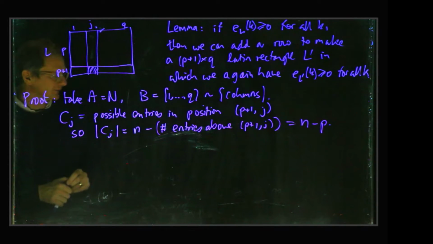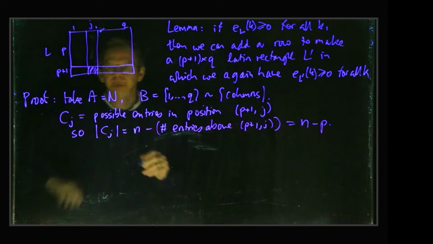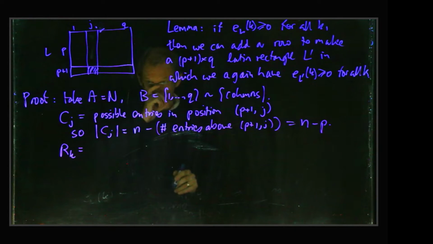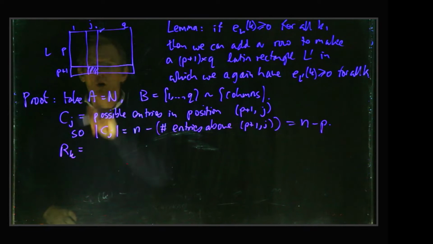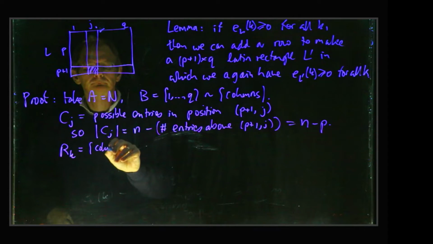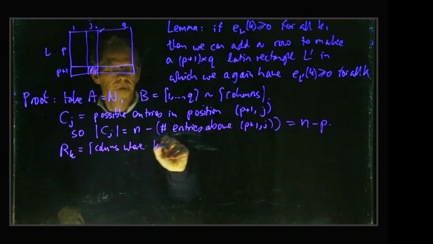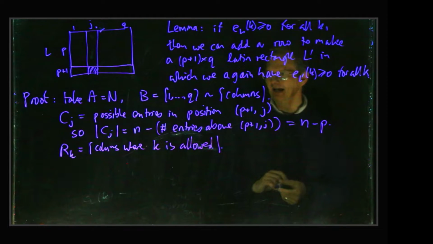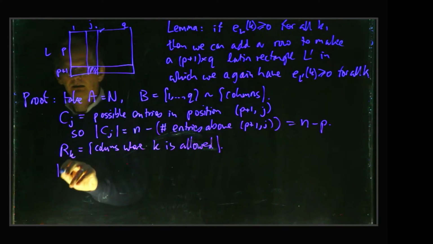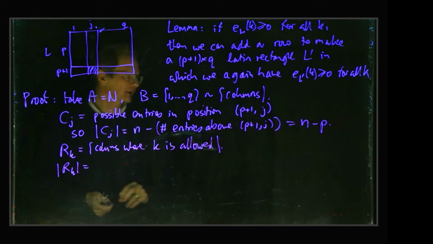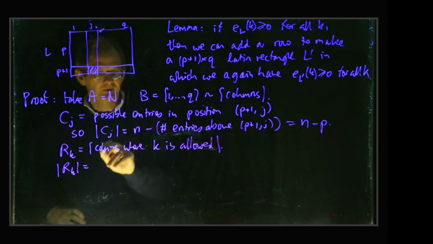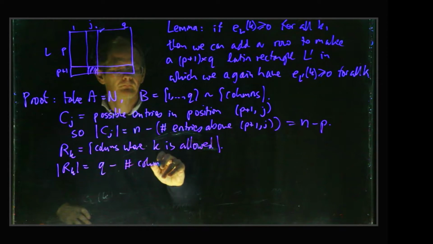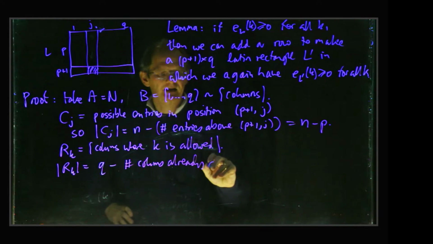Okay, so that's good. And then R_k is the set of columns where k is allowed. So the size of R_k is going to be the total number of columns, which is q, minus the number of columns already containing k.